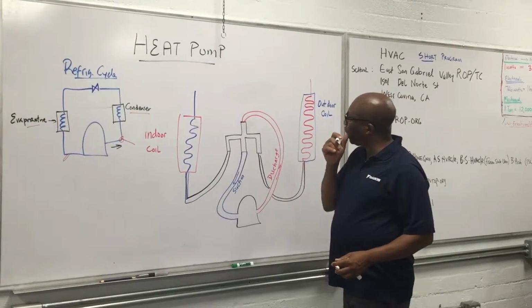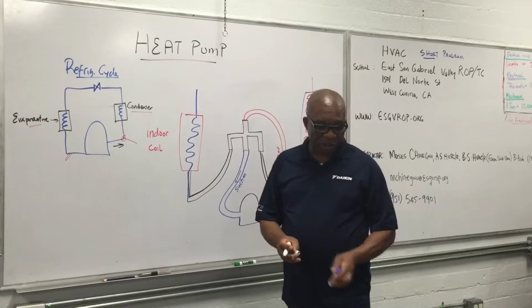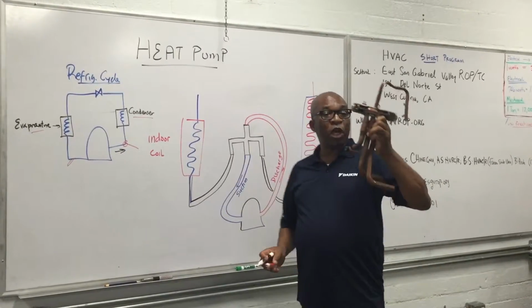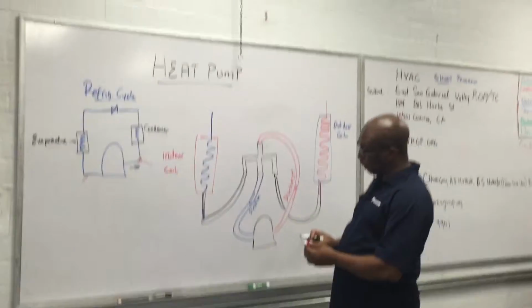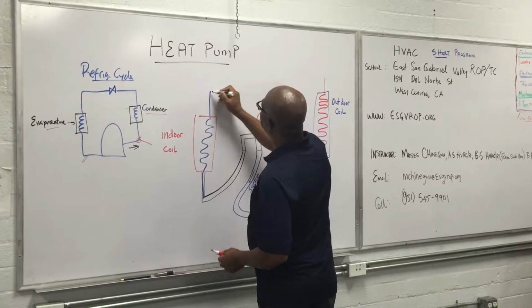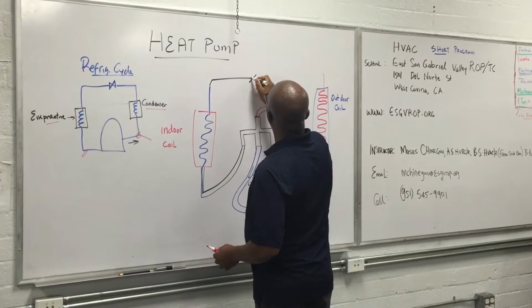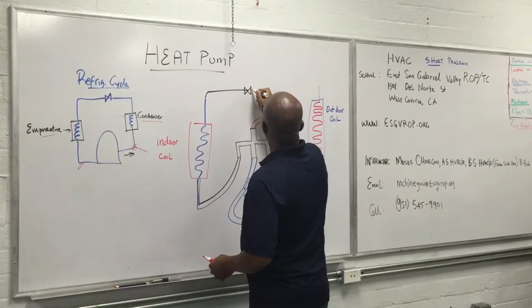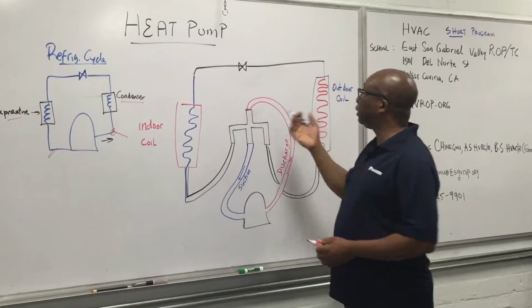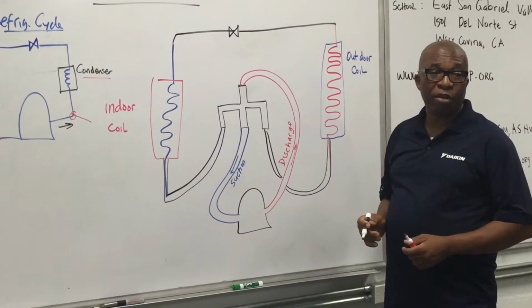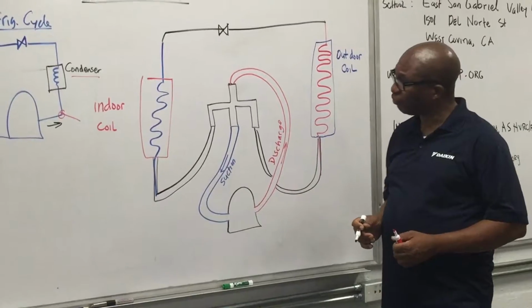Now we have connected all the four pipes in the reversing valve into our refrigeration system. The next component that is missing is going to be our metering device. Very good.